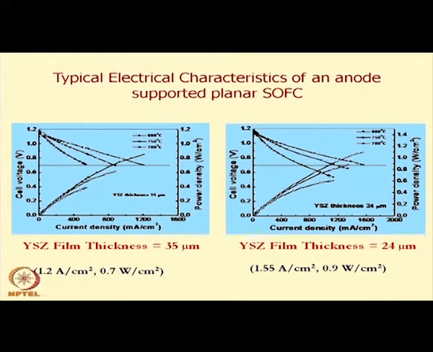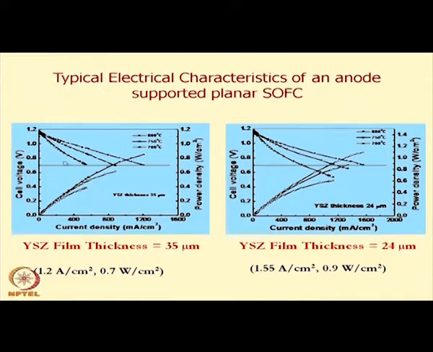This is the open circuit voltage, slightly more than 1 volt, about 1.1 volt, very close to 1.2, but that is when the current is 0, with no current being drawn. But as soon as the current is drawn, the current increases and the voltage drops. That is the typical characteristic of any fuel cell.